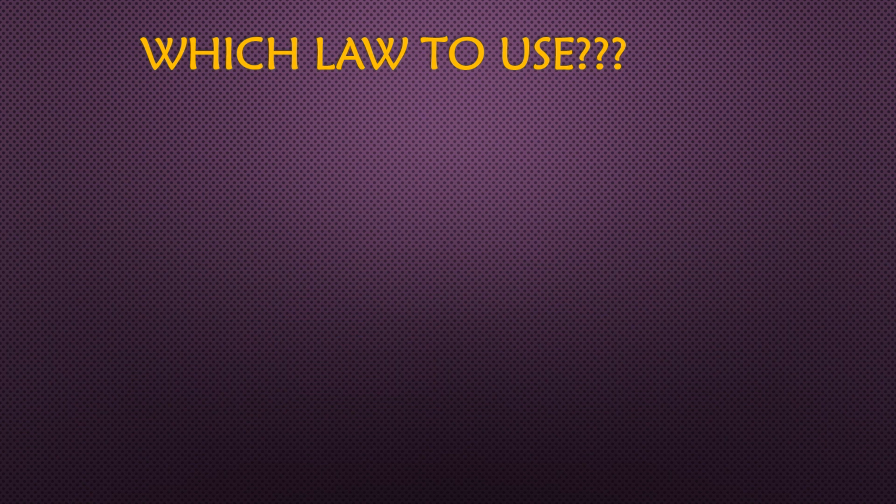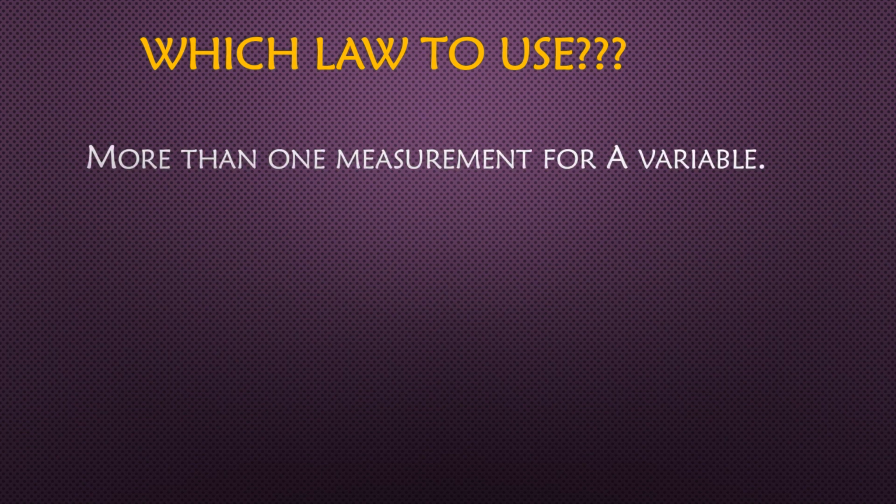Now, let's say you have a question where you see two numbers for the pressure, volume, temperature, anything like that. That identifies that you cannot use the ideal gas law here. And then you have to figure out which of the other five laws you are going to use. So let's say you see more than one measurement for each variable, and you are only given the pressure and the volume for that specific gas.